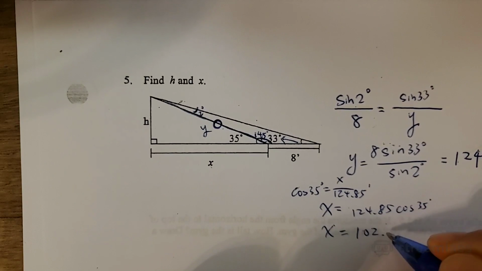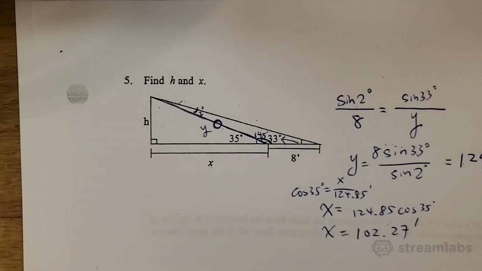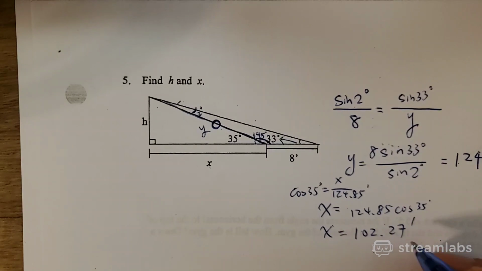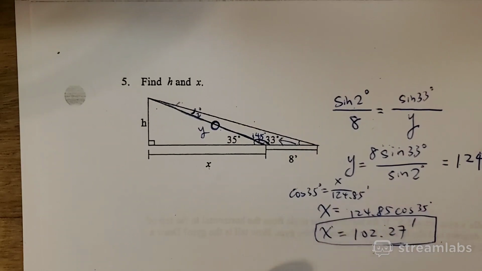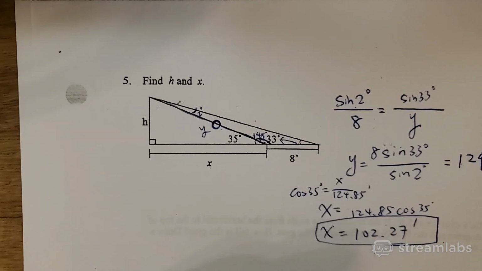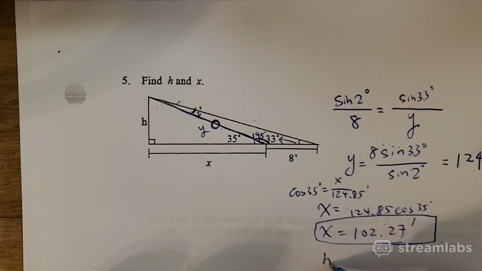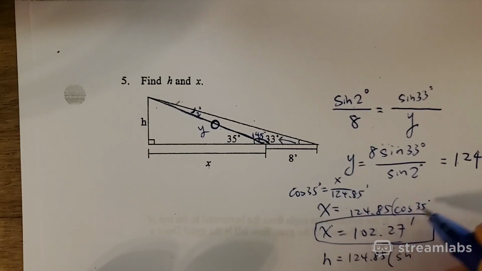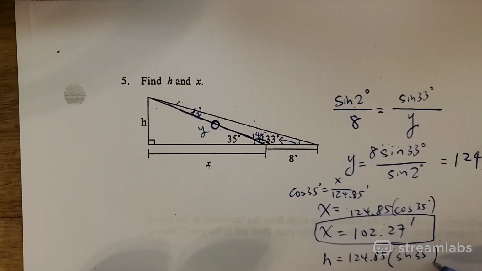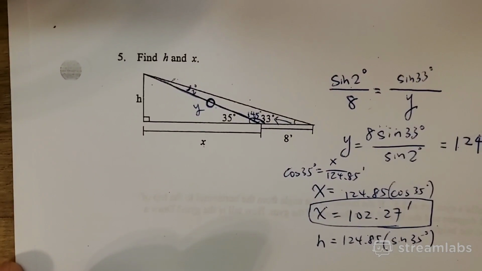X is 102.27 feet. Sorry, feet. Keep saying inch. This one. Okay. And then similarly, you can find h by doing 124.85 times sine of 35. Okay, very similar.